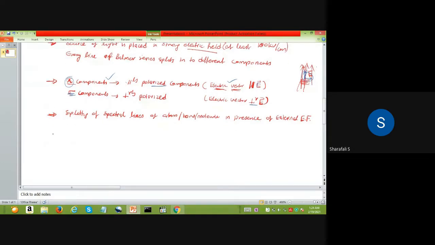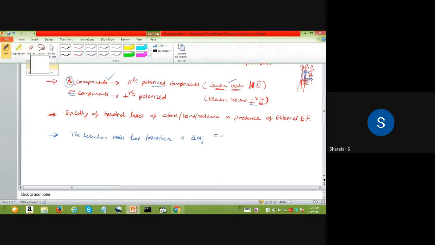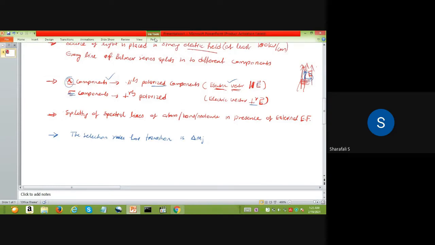And in this case, for the case of Stark effect, the selection rules for transition delta mj equal to, there is also some dependence on L values.